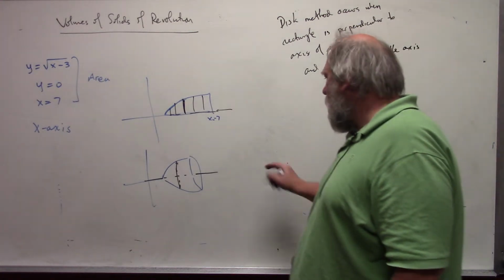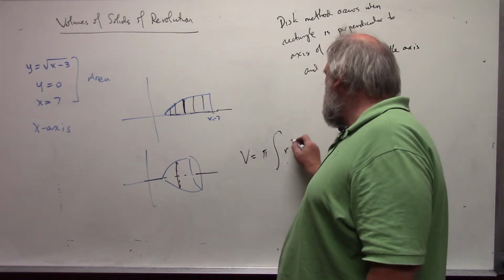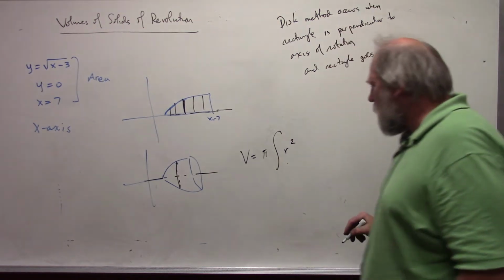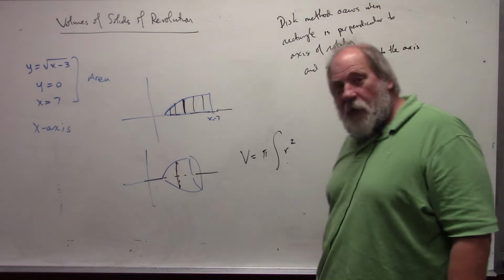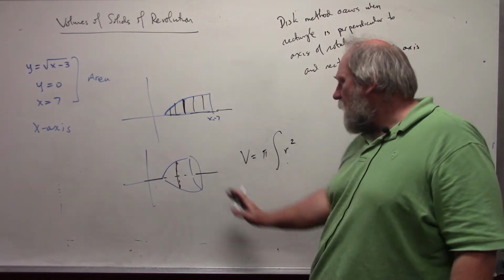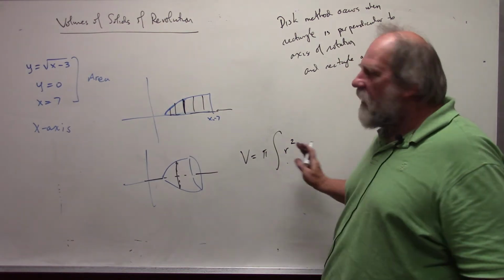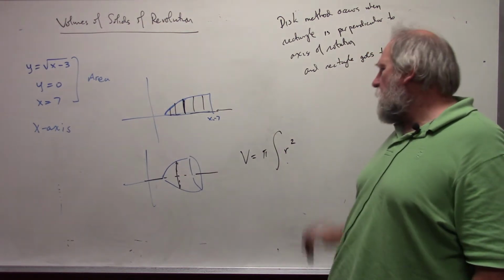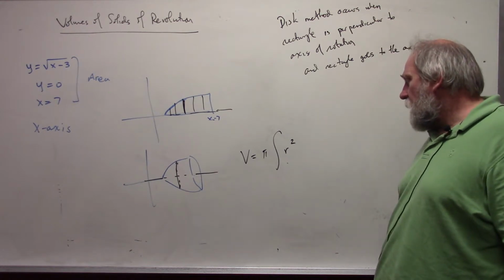And the volume using the disk method has the basic form pi integral r squared. The area of a circle is pi r squared. We integrate that circle as we move, in this case, across to get our third dimension and get the overall volume. Okay?